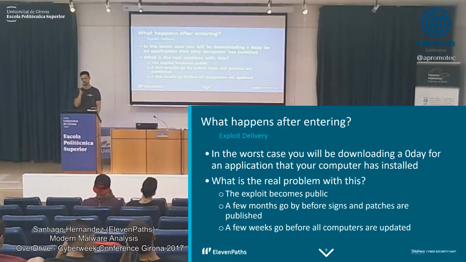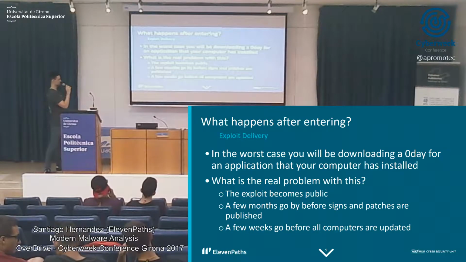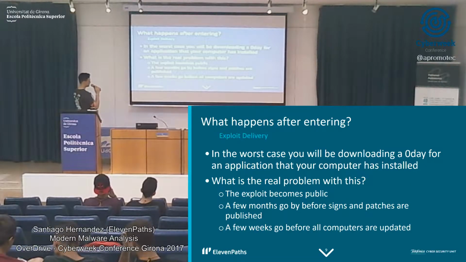In the worst case, that exploit will be a 0-day, that nobody knows about, and that will perform a privilege escalation. They will obtain the better privileges, and they will start moving through the network, opening a back channel or whatever. But what is the real problem here?